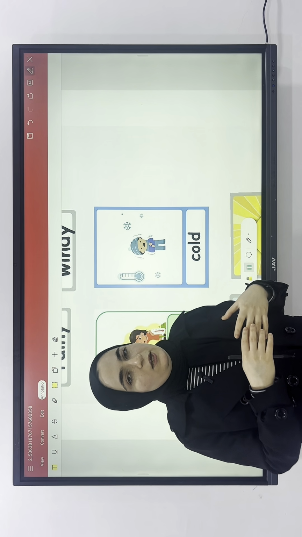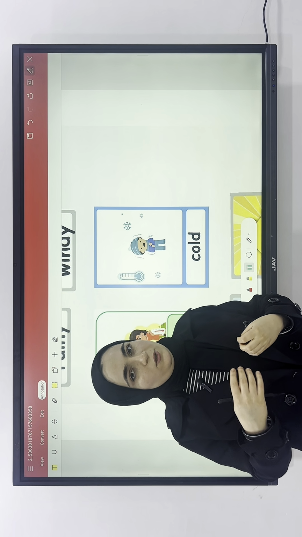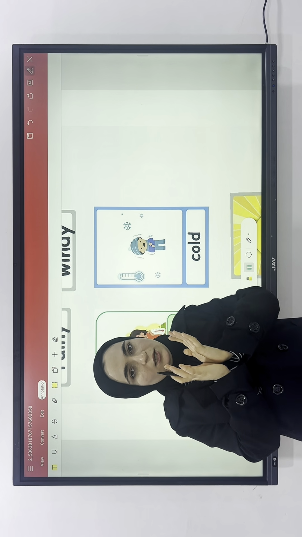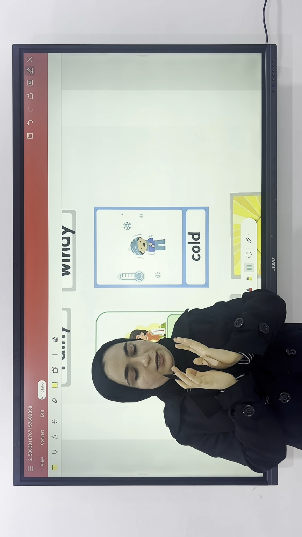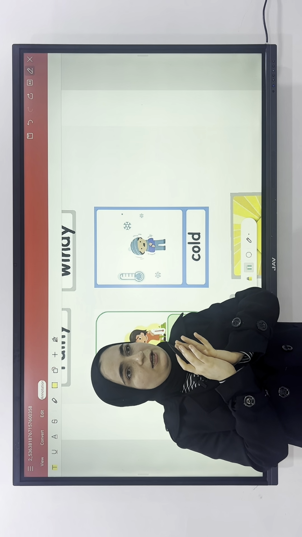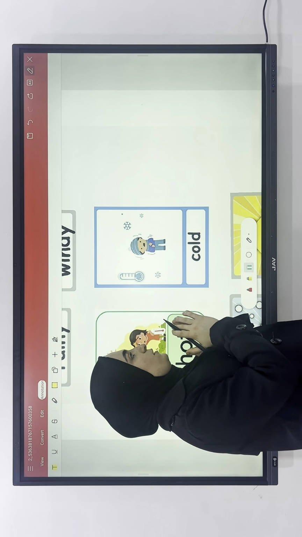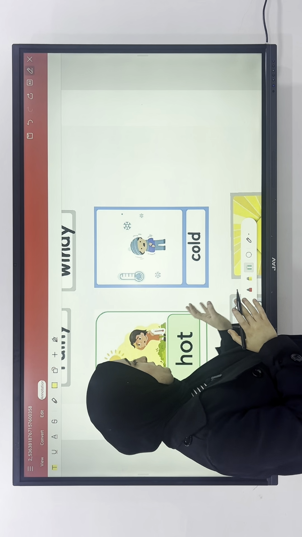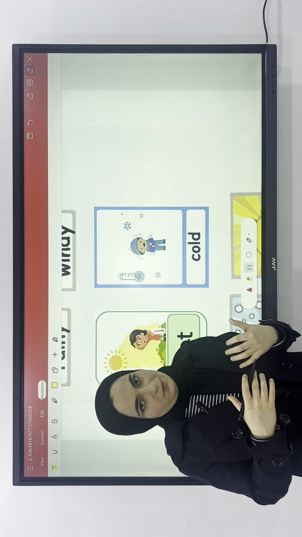These are the clothes that we wear if the weather is cold. And we keep ourselves warm by drinking hot drinks like milk, hot chocolate, tea, coffee. These are the things that we drink if the weather is cold, so that we stay warm.